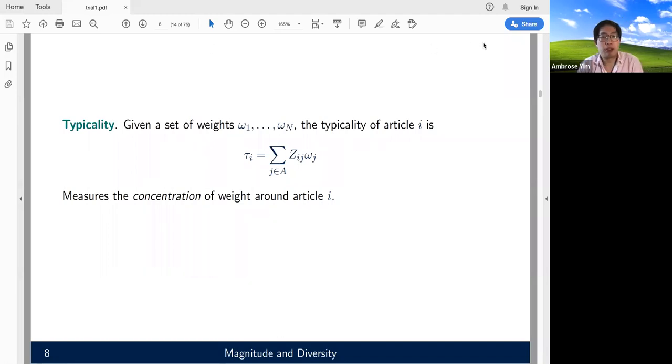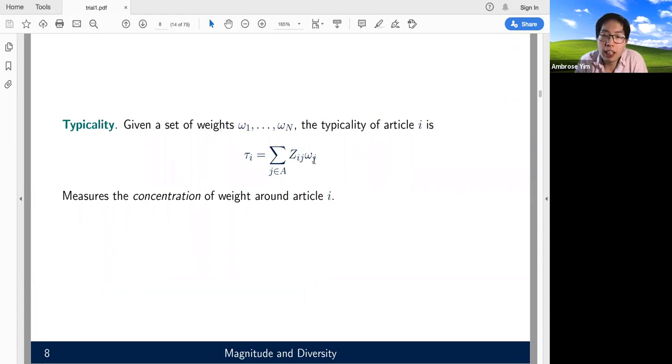And to really tackle that problem, we have to introduce a proxy concept called typicality. So if we weigh the articles in some way and give them weights omega 1 to omega n, we define the typicality of the ith article as this sum. What is really happening in this sum is, I take article i, and then I look at the other articles it's similar to, and I multiply the similarity by the weight on that article.